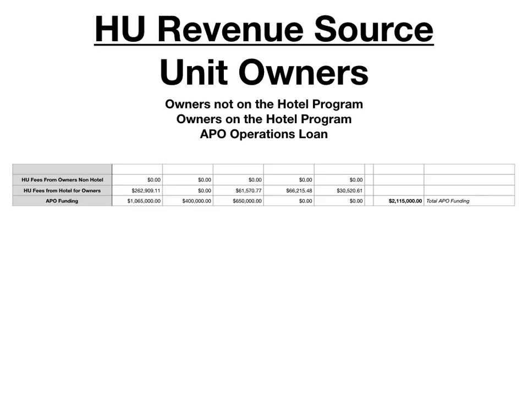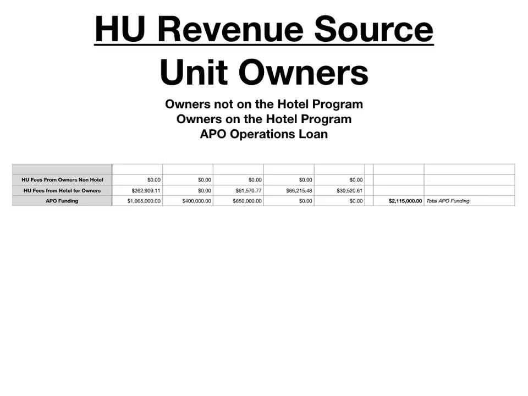Now, the problem with this is that the owner's monthly maintenance, their HU fee, is more than what is generated in hotel revenue. The hotel revenue should only offset it, and the financial crisis becomes larger every year for the HU owner because these owners are not paying the difference.